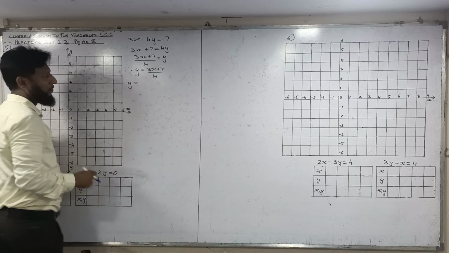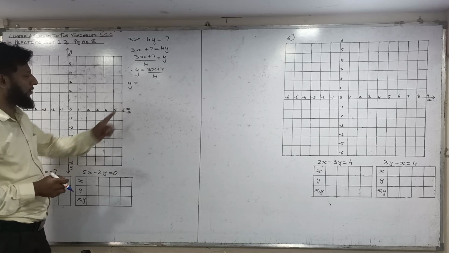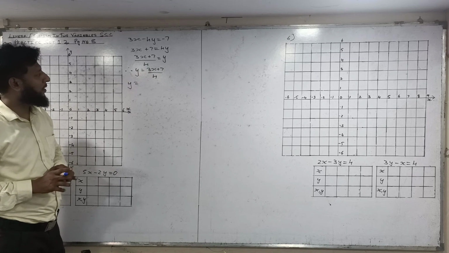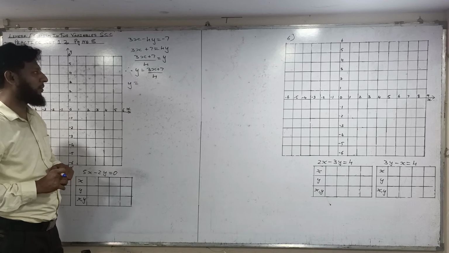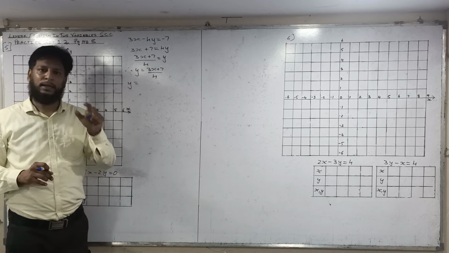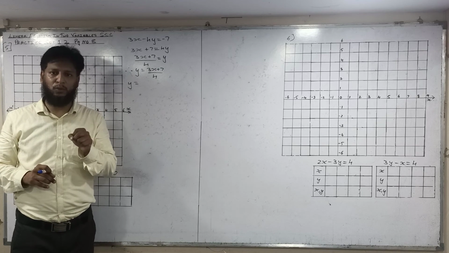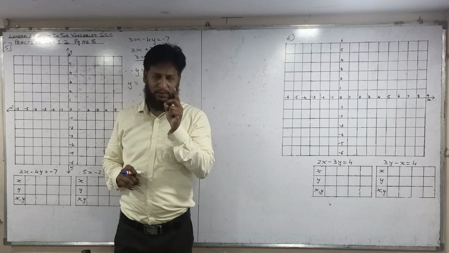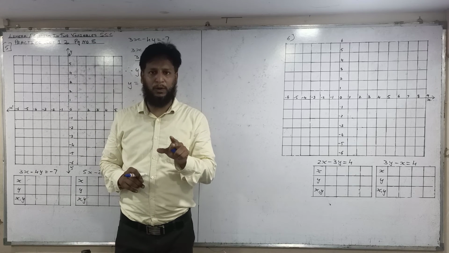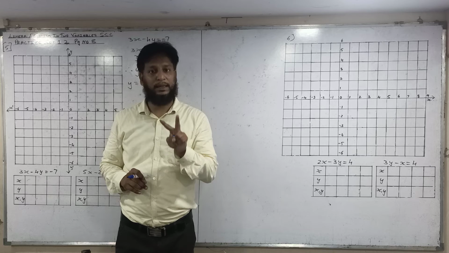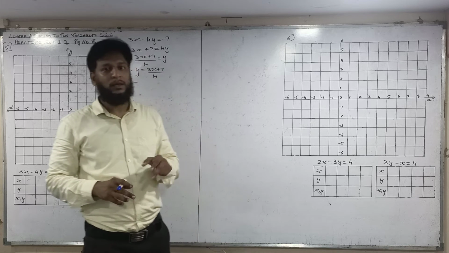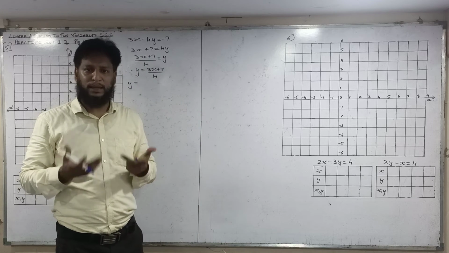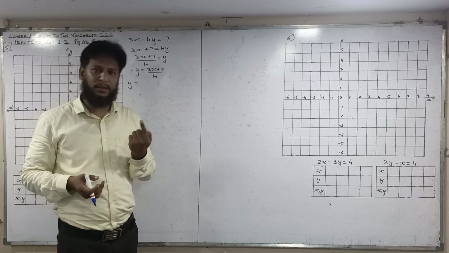I have to see which is more convenient. If I take 3x1, 3 1s are 3 plus 7, 10. 10 divided by 4, you will get 2.5. With one decimal it is easy to plot the point, but with two decimals it is difficult to plot the point. So try to avoid decimal numbers, and one decimal is okay.